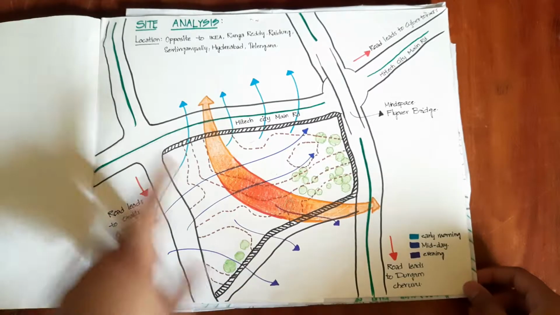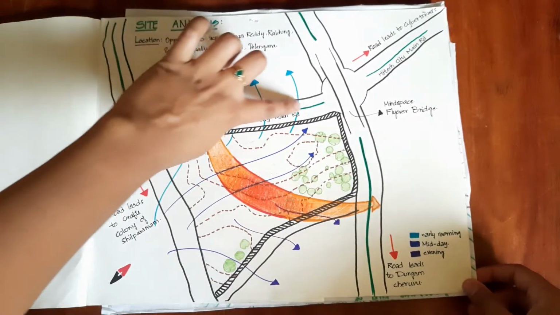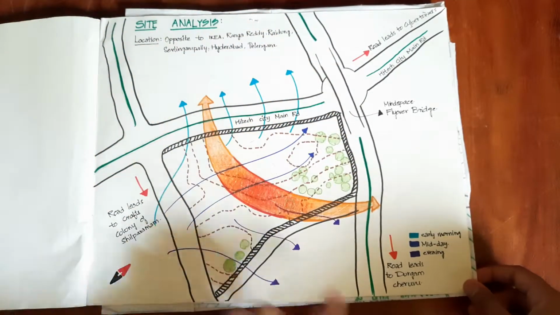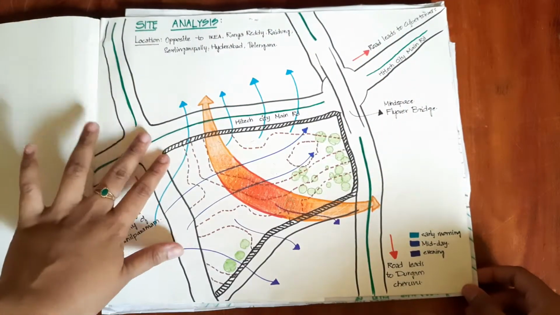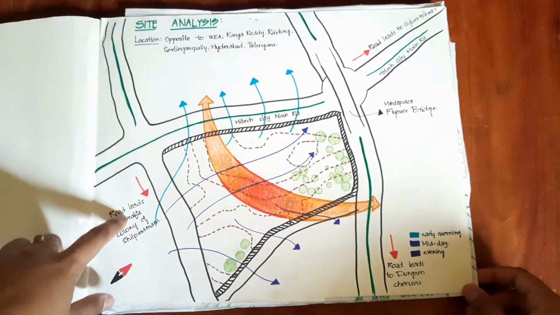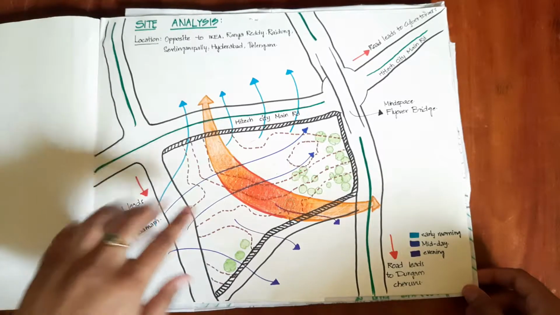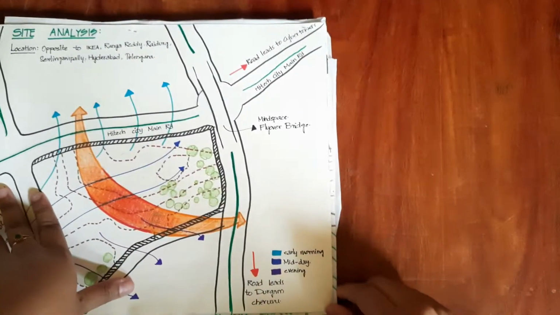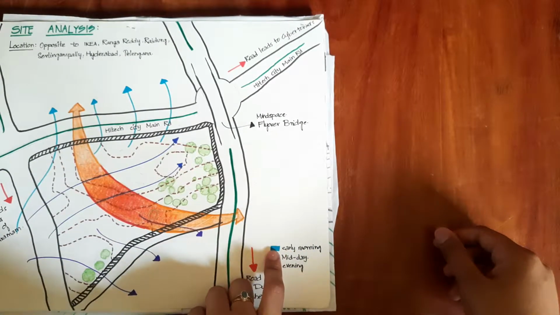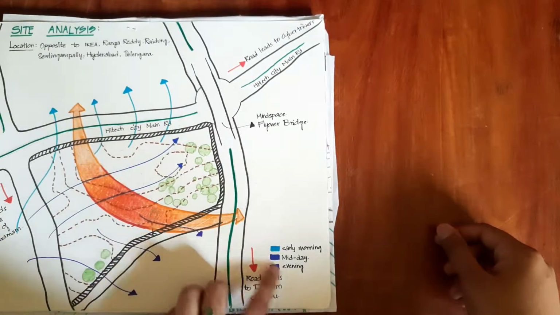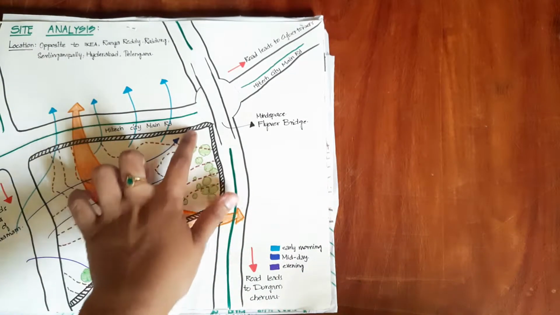The site is surrounded by 4 roads and all these roads were busy roads, and I think it is justified because we are working on a mall and cultural center. I have also mentioned which road leads to which area. And the wind directions I've clearly segregated into early morning winds, midday winds and evening winds.